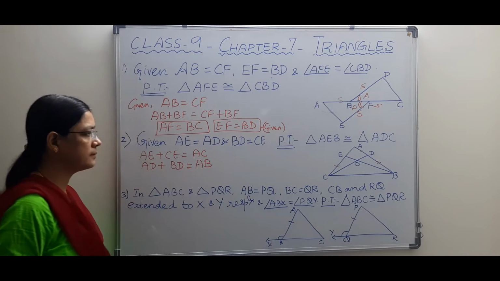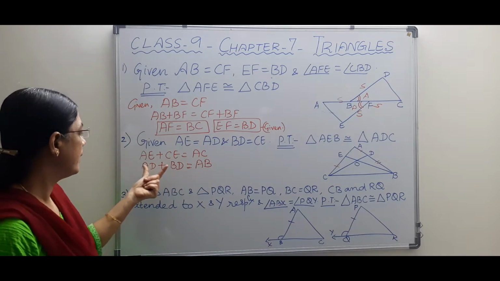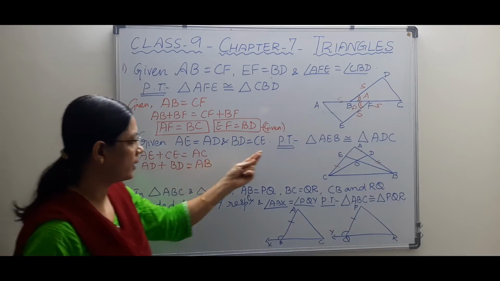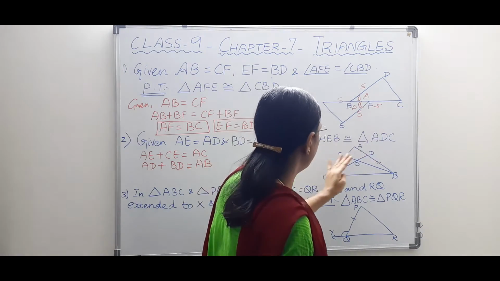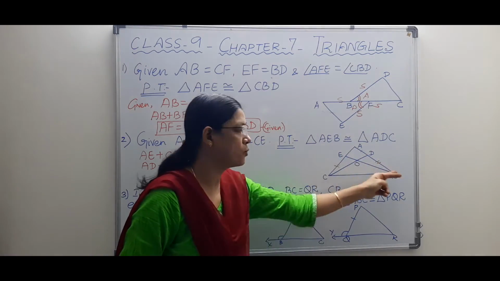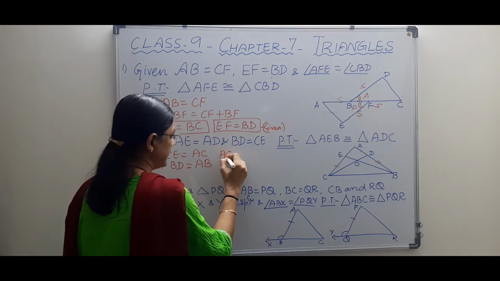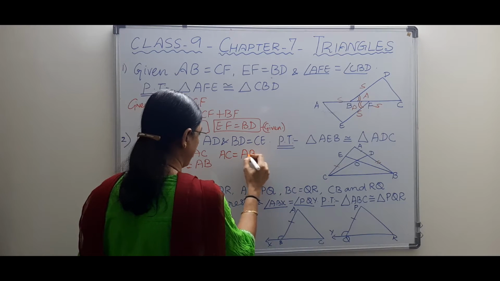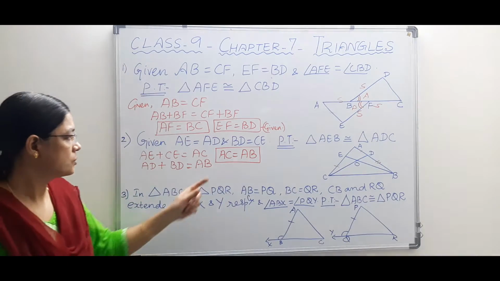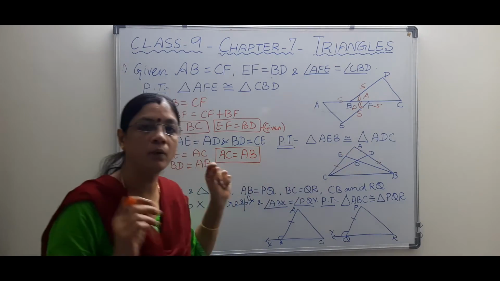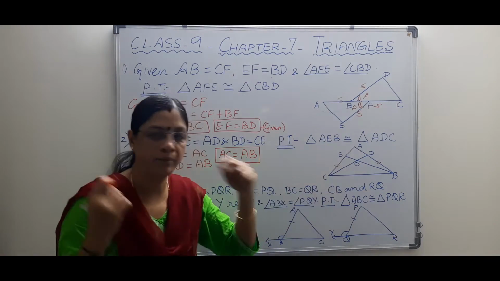Since the corresponding portions are equal, AC should be equal to AB. Do you understand? So these 2 sides are equal. Now we have obtained 2 sides to be equal: AC and AB.